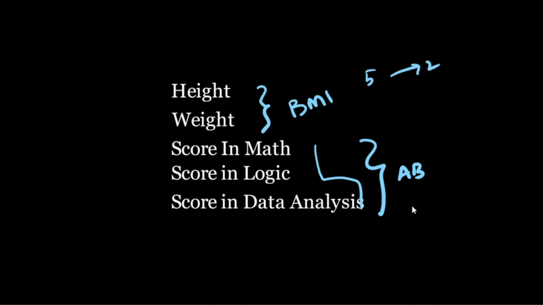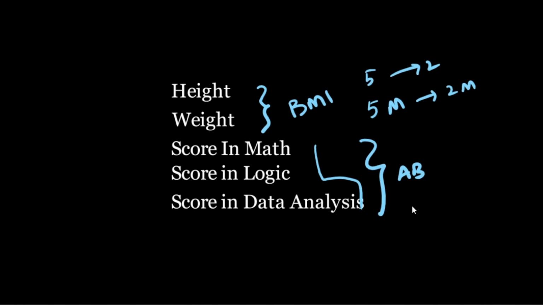Now, if you have a million rows in this data set, by reducing this dimensionality, you are reducing the total number of data points that you are working with from 5 million to 2 million, which is a huge reduction and reduces the computational requirements by a huge margin.